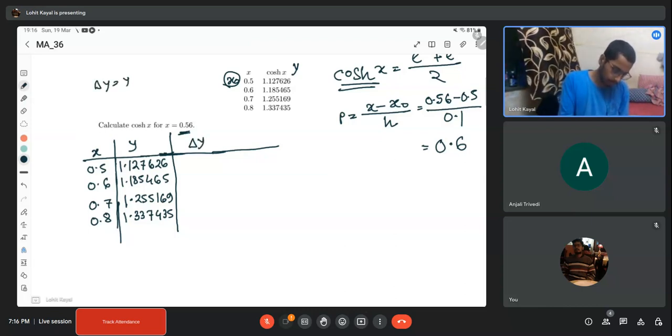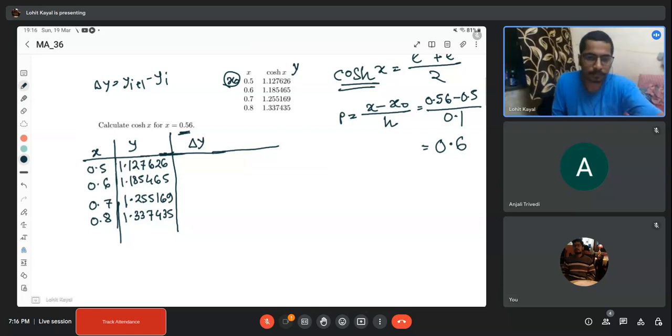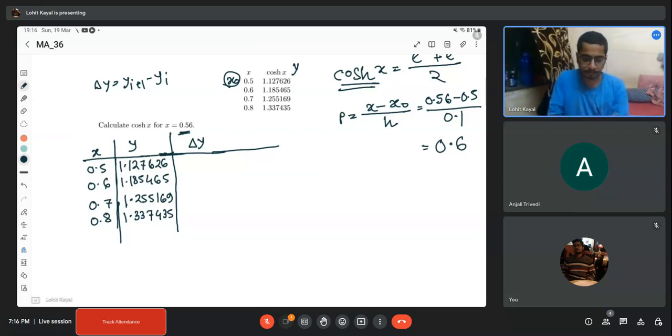Now delta y, this is the forward difference, y i plus 1 minus y i. Okay, so let us calculate that. So the first term is 1.127626 minus 1.185465.